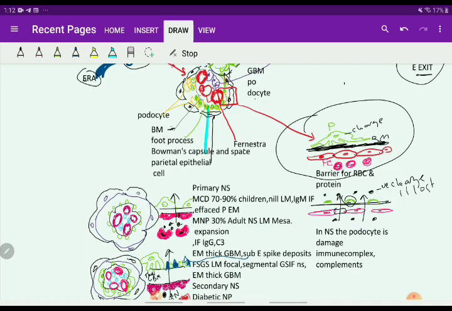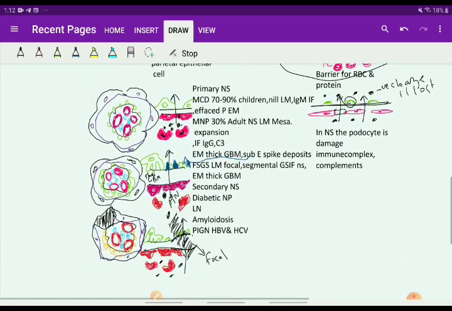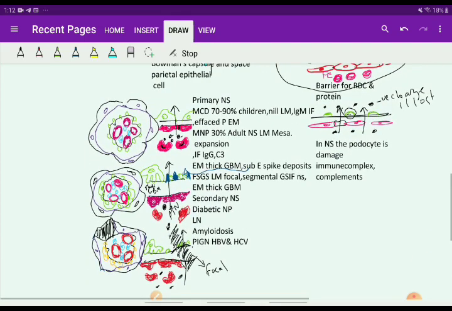So by that we can understand the main problem. How is this damaged? By the deposition of either in situ immune complex formation or circulating immune complexes containing immunoglobulin and complement, which are deposited here and damage it.